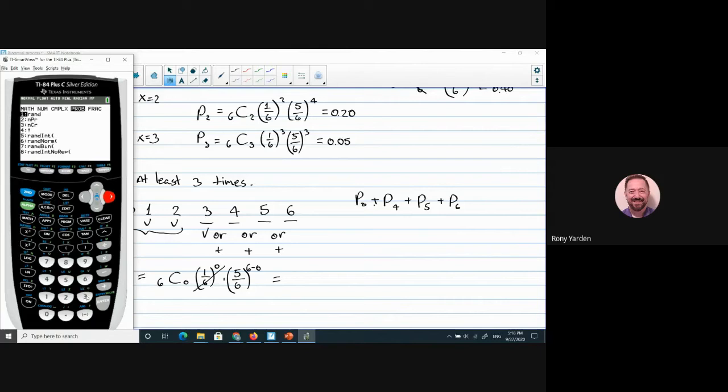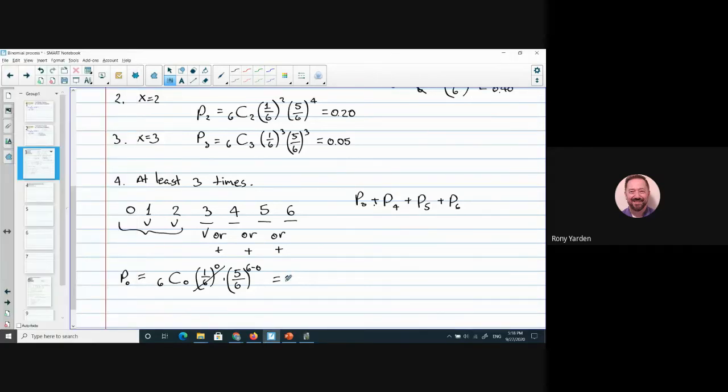So now 3, and then I'm going to put the number 0 and move to the right, and now we have 5/6 to the power of 6. And here we have, rounded to the nearest hundredth, 0.33.